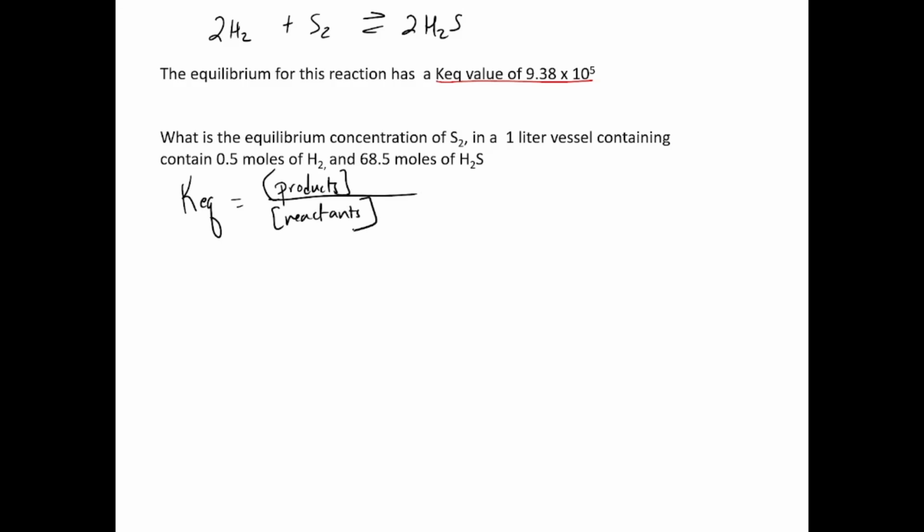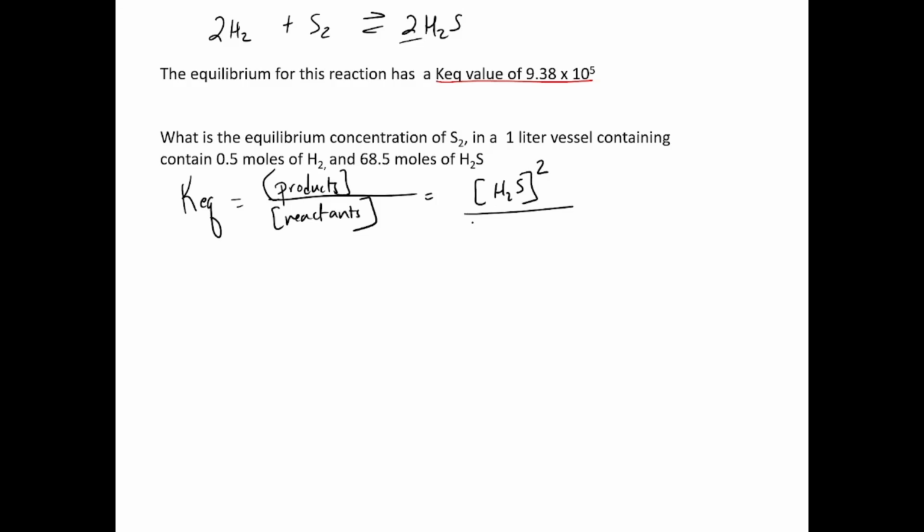The next thing which I'm going to do is write out that equilibrium expression for this particular reaction. So once again, my products are on the right. My products are the H2S. I have a coefficient of 2 in my balanced equation, so I'm going to have to take that concentration and square it.